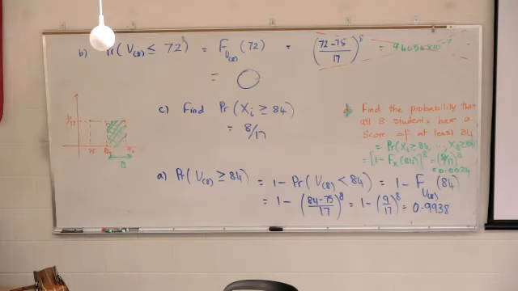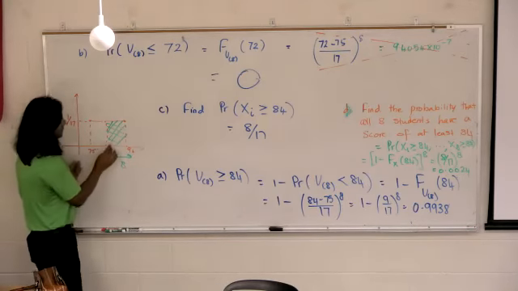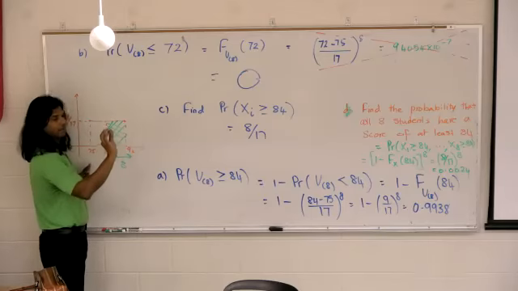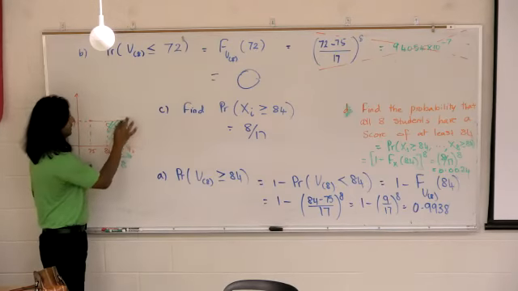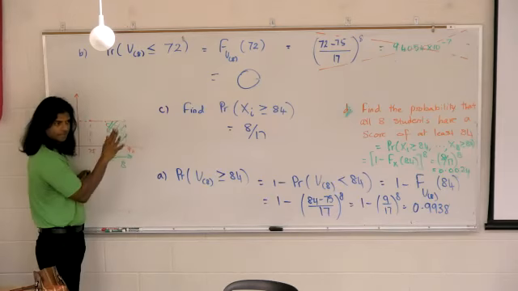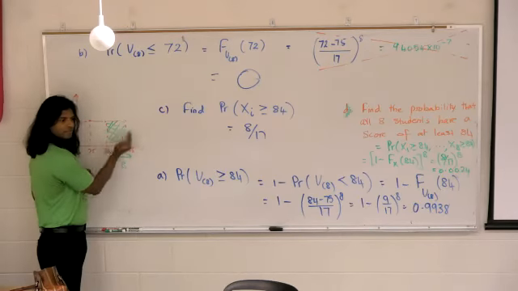99.38%. Why are we getting a high probability? If we think about it, hypothetically, let's say you put a bell curve, the maximum is going to be right here. And you're finding the probability over 84.